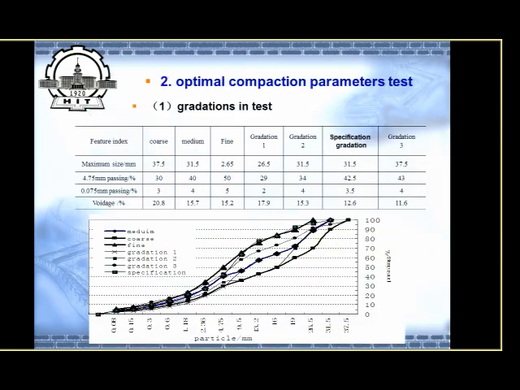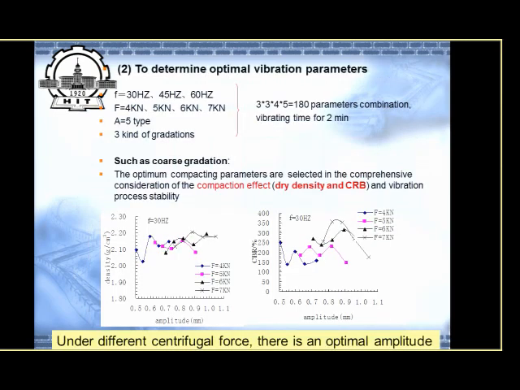We use three kinds of gradations: coarse, medium, and fine. Those gradations cover the gradations that we often use in construction. This is the figure of the gradation. We can use 108 parameter combinations, with different frequencies and other parameters, and every specimen is vibrated for 2 minutes.